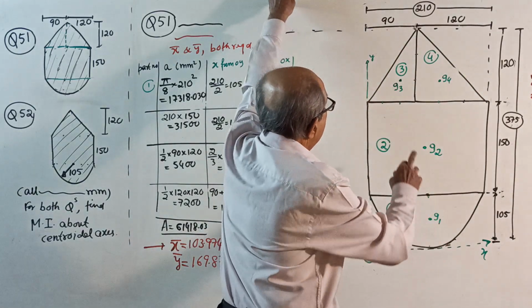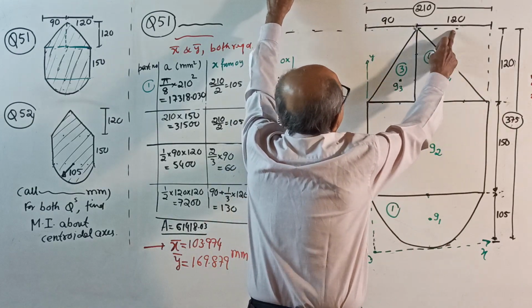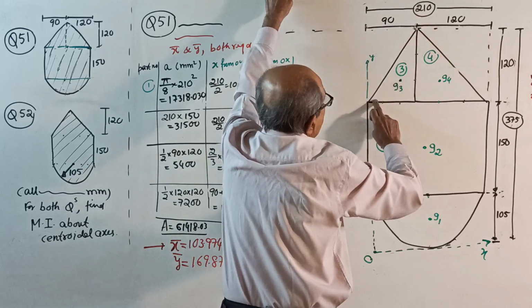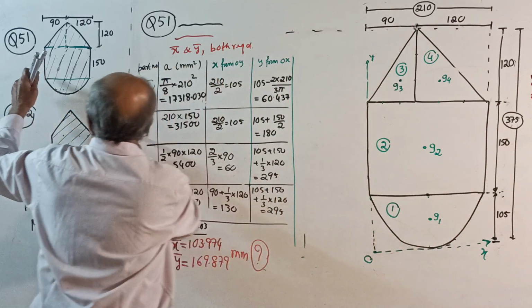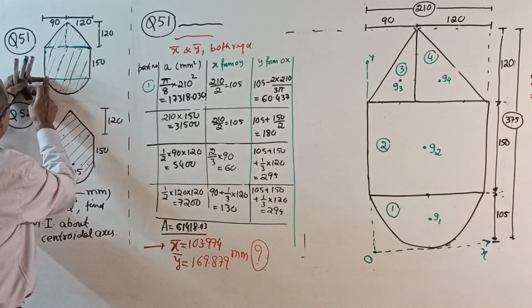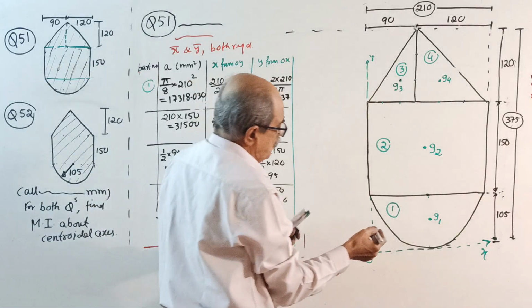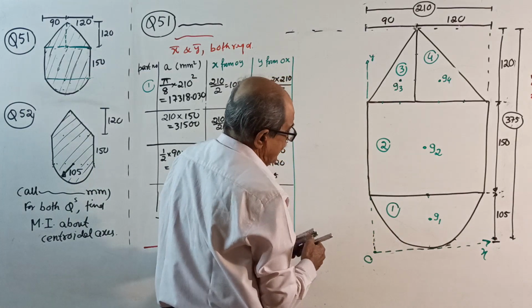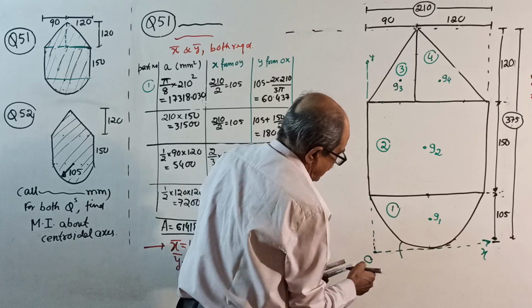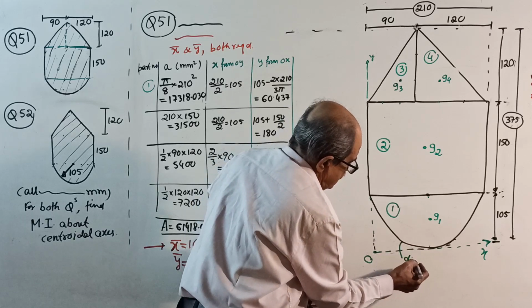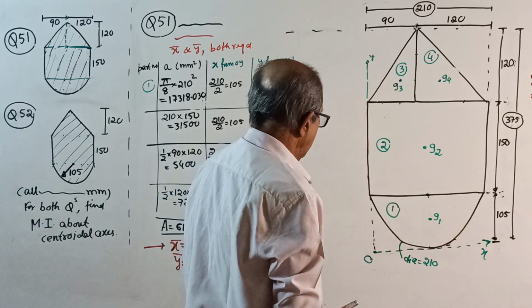Then the rectangle, full base required: 90 plus 120 is 210. Height given is 150. And for the semicircle, they told this is 210, which means it is nothing but the diameter. So the diameter is equal to 210.